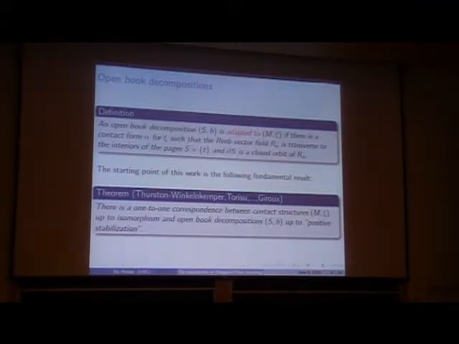In fact, we don't even need the full force of Giroux's theorem for today. We just need to know this theorem of Thurston-Winkelnkemper. Given any three-manifold, it's a classical theorem that there is an open book for it, and they constructed a contact structure which is adapted to this open book.